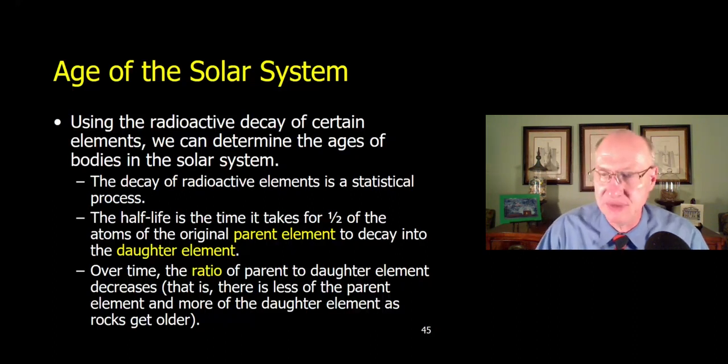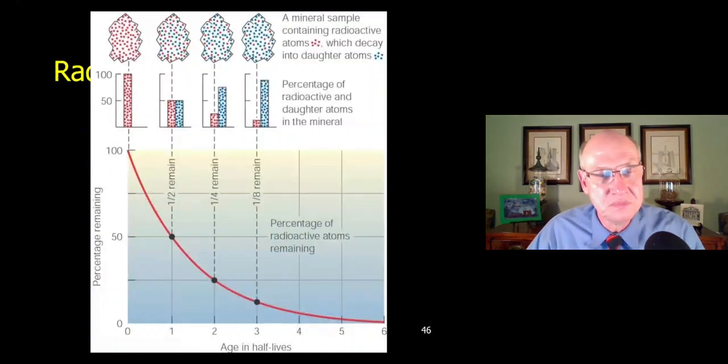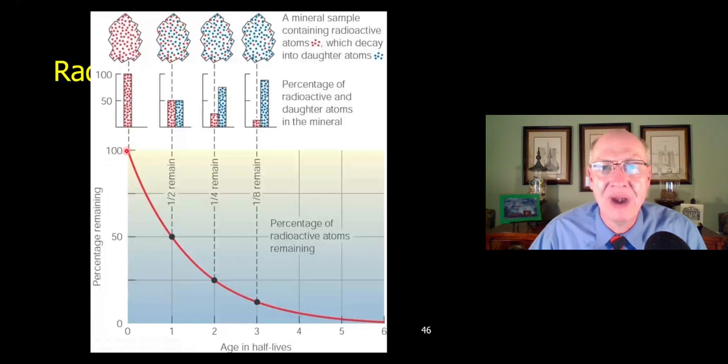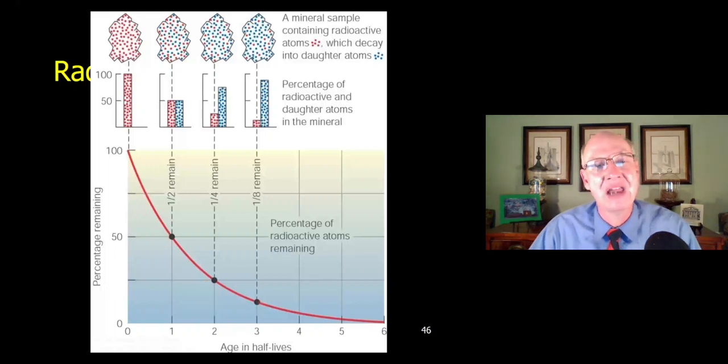So let's use an example of this. Let's take a radioactive element here. So we have a radioactive element, and the parent is represented in the red, and the daughter is represented in the blue dots right here. When the rock is brand new, let's imagine that it consists 100% of the radioactive parent element. Over time, that parent element decays. So if it is 100% parent element at the beginning, over time it decays to 75%, 50%, 25%, and on down.